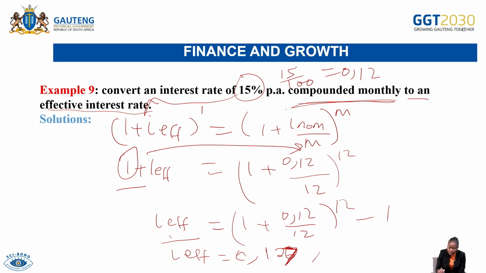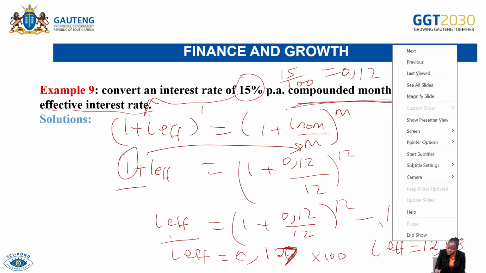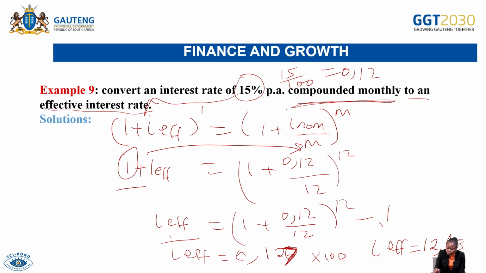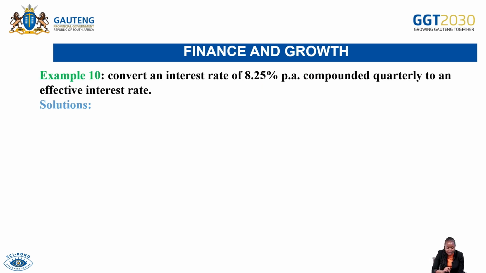If you multiply this by 100, because you need to take it to percentage, your i effective is going to be 16.08%.